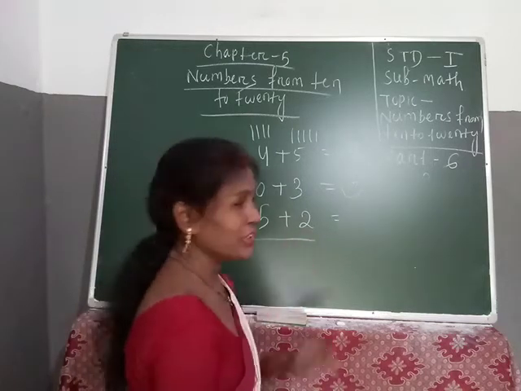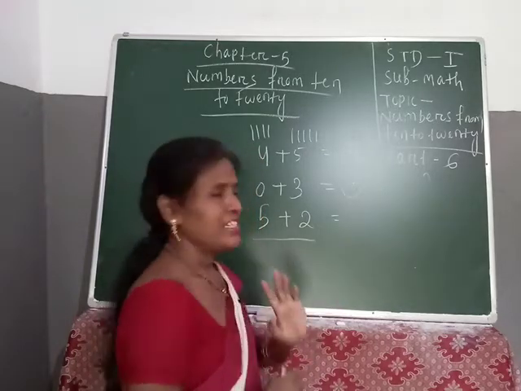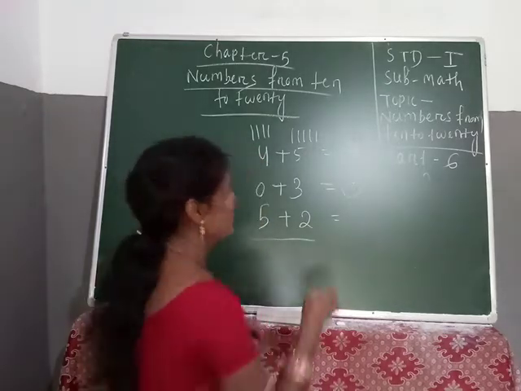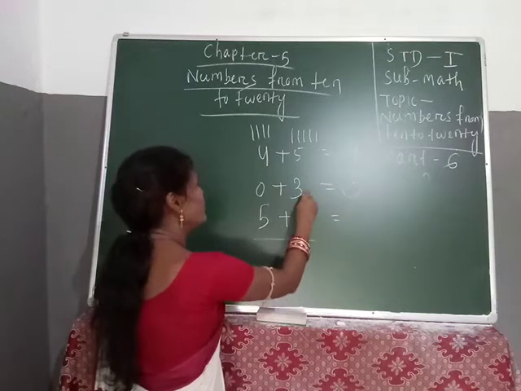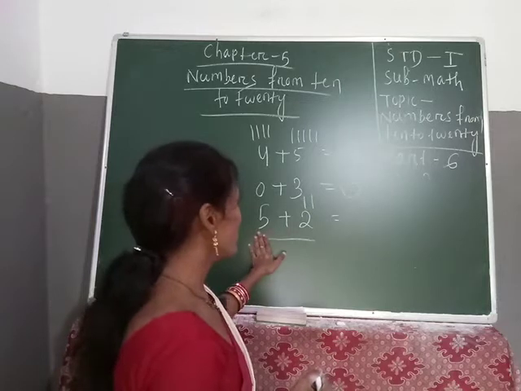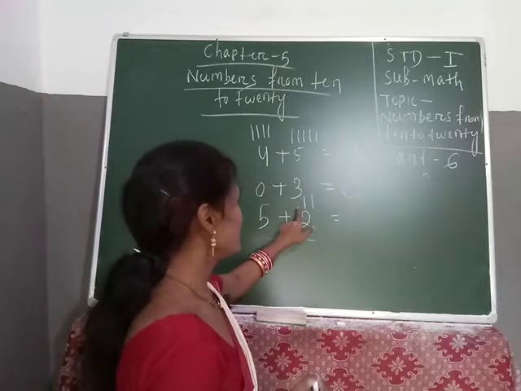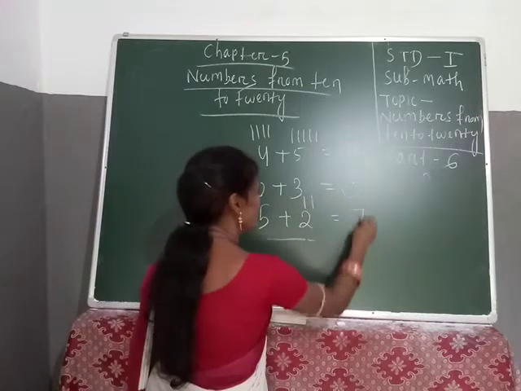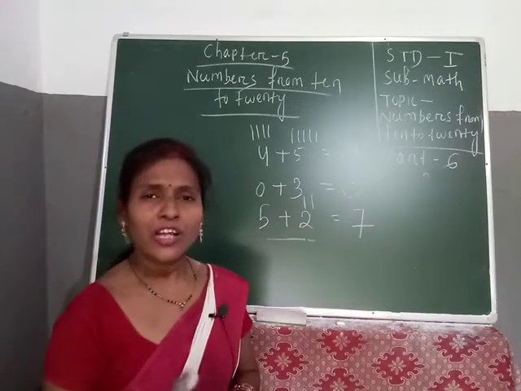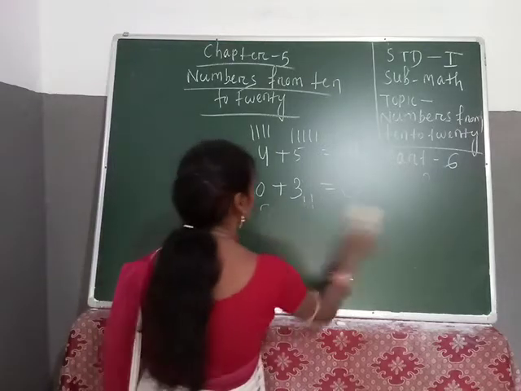In 5 plus 2 you have to see which is the smaller one. Yes, 2 is the smaller one. So you put 2 lines. After putting 2 lines, you count from 5: that is 6 and 7. Now you will do your work in your book.